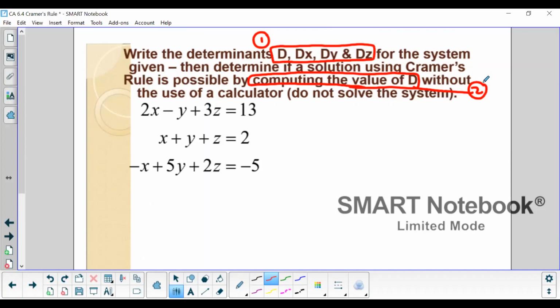So let's start by just rewriting the system in the matrix form. Remember, it's not an augmented matrix. It's a coefficient matrix times a variable matrix equals a constant matrix.